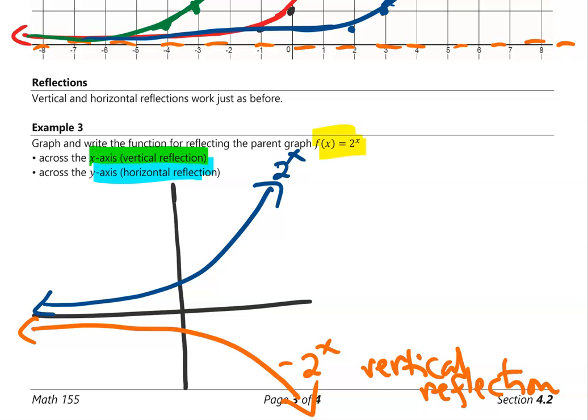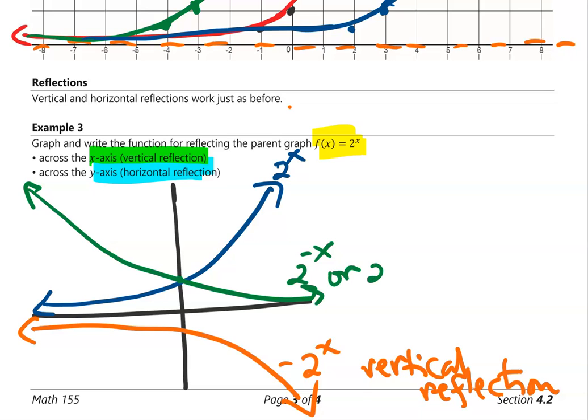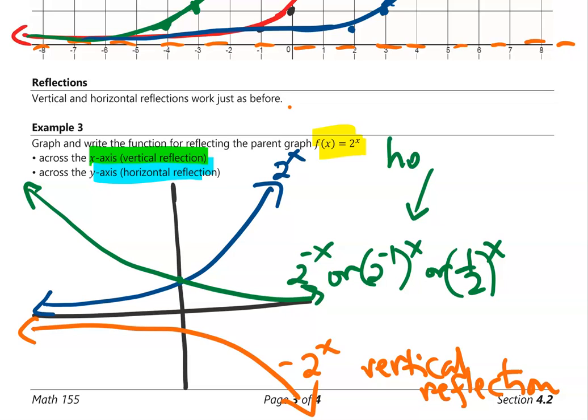Okay, and then the horizontal reflection, how do we do that? It's going to be something like this. So this is your 2 raised to negative x, which is the same thing as 2 raised to negative 1 raised to x, which means 1/2 raised to x. So we call this a horizontal reflection.